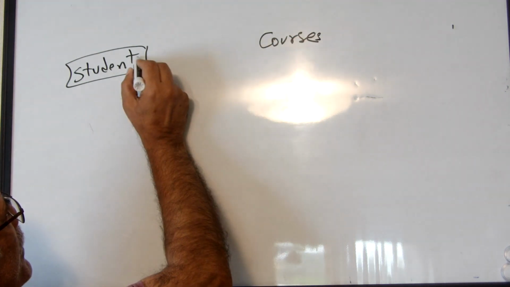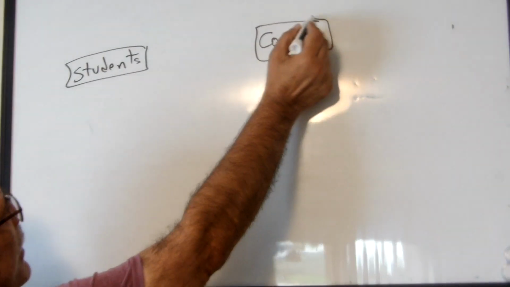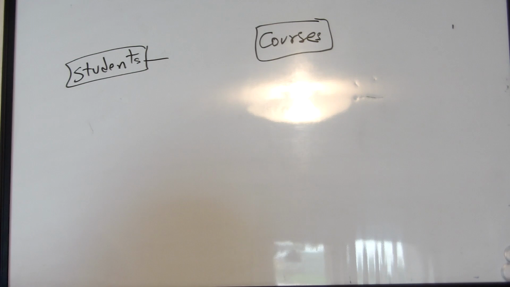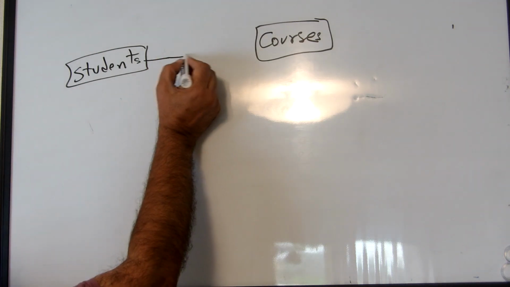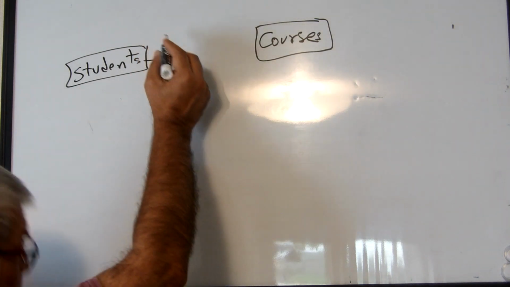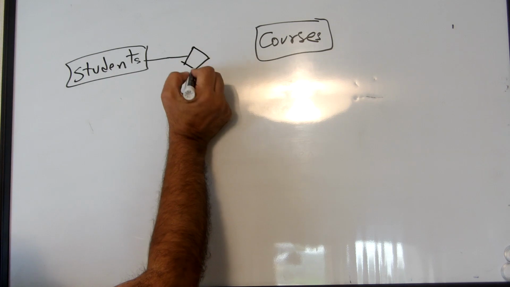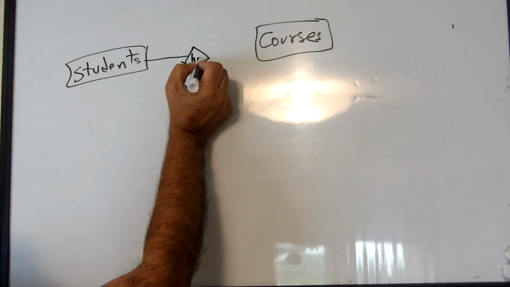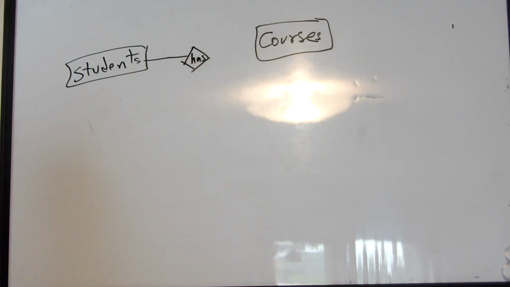Courses and students, okay, they're two entities. Now if we relate them, we say student has courses.